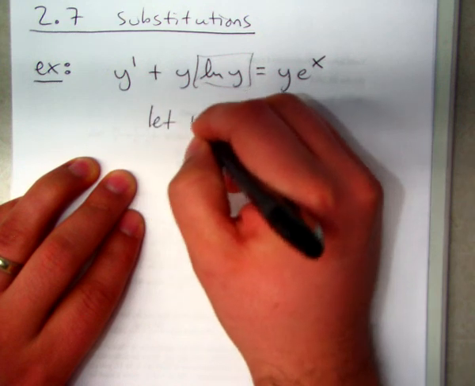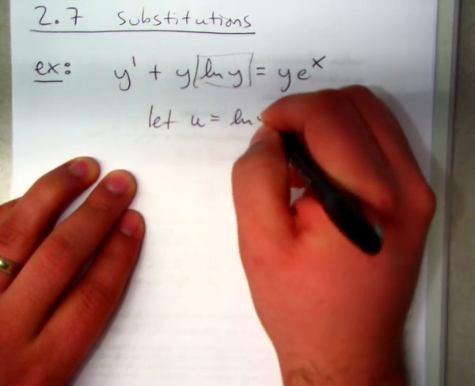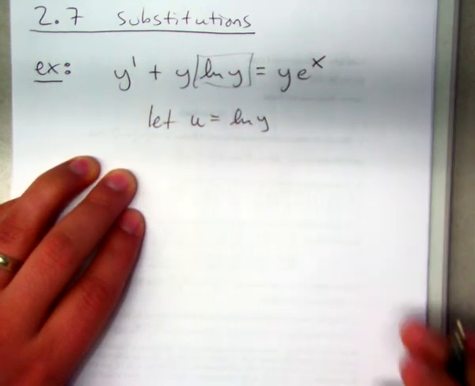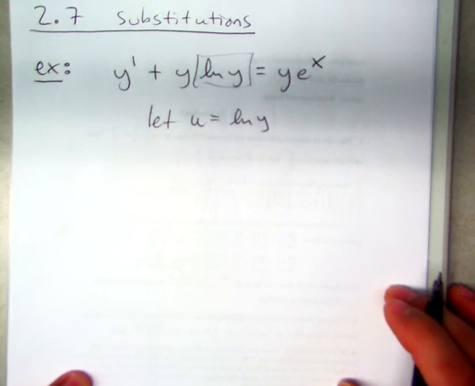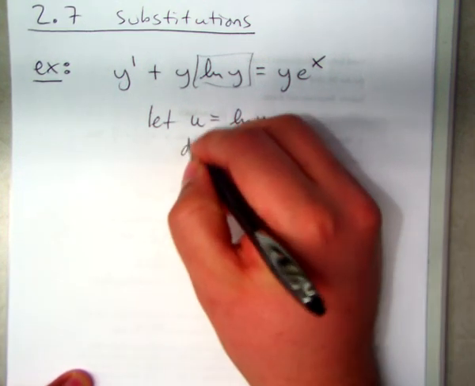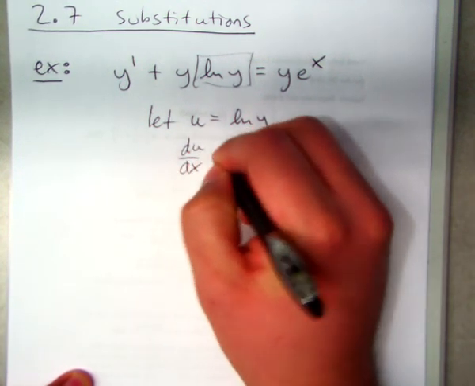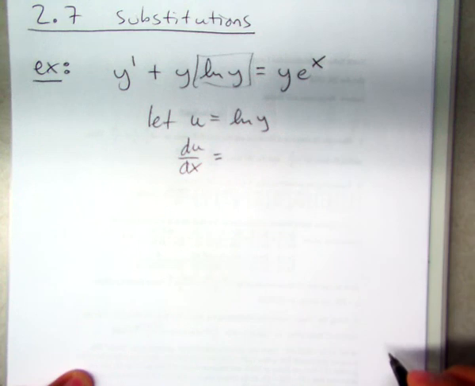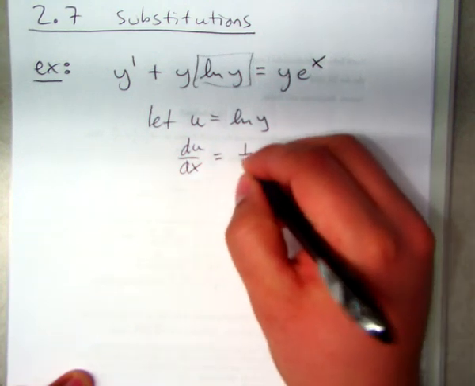Let u equal natural log y. Let's see what that does for us. So then du dx would be 1 over y times dy dx.